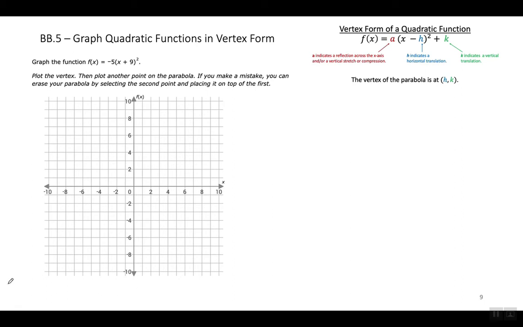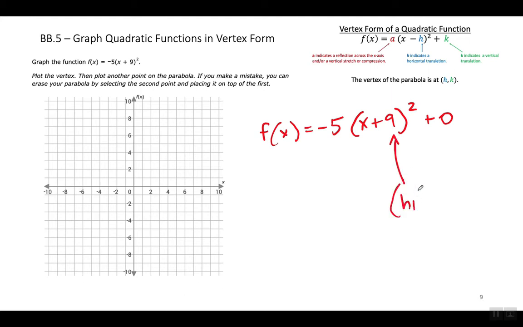Okay, guys, on this slide, they give us this function, and if I write it out in expanded form, that means I'll have this. All right, so the vertex is going to be located at (-9, 0).